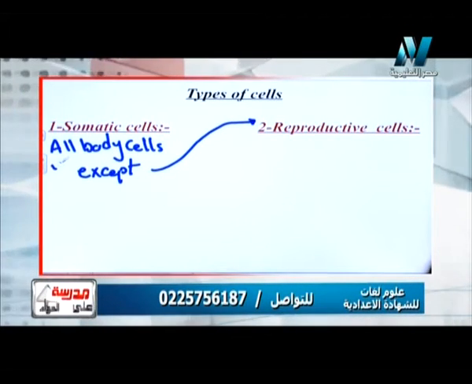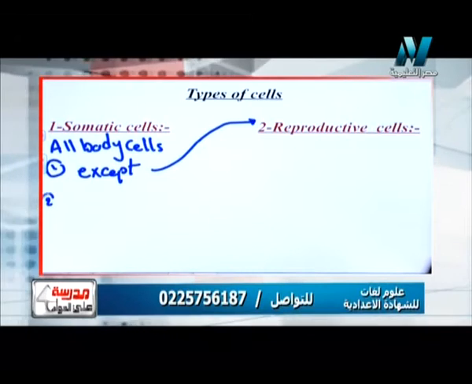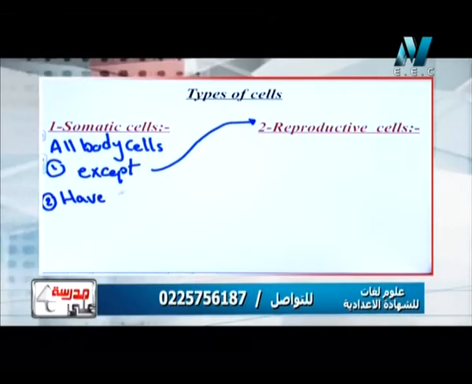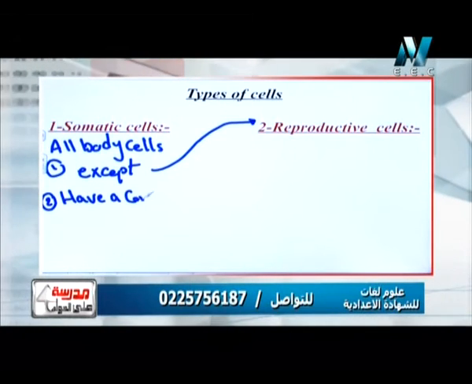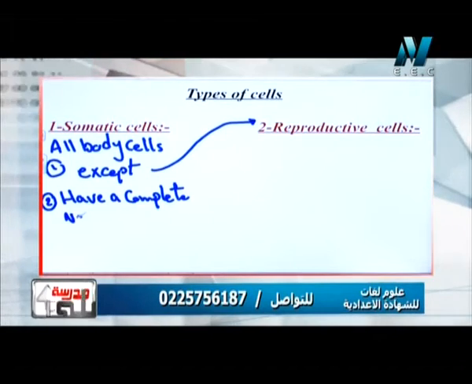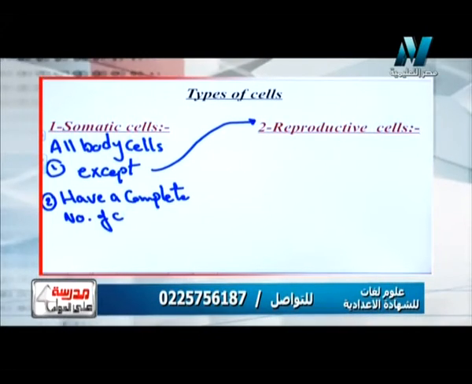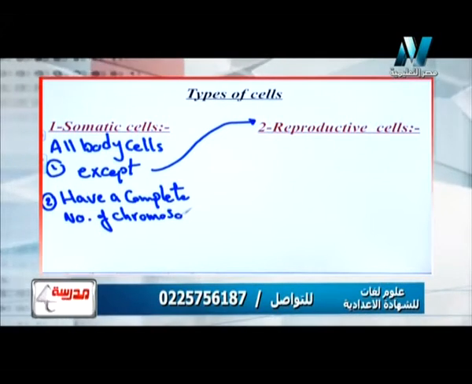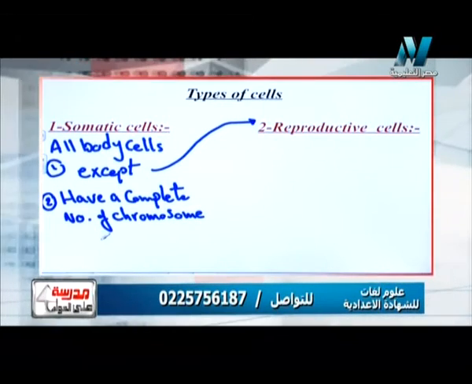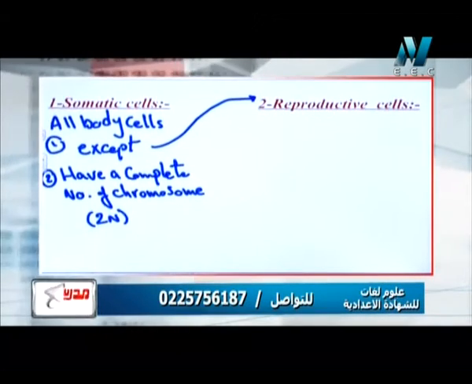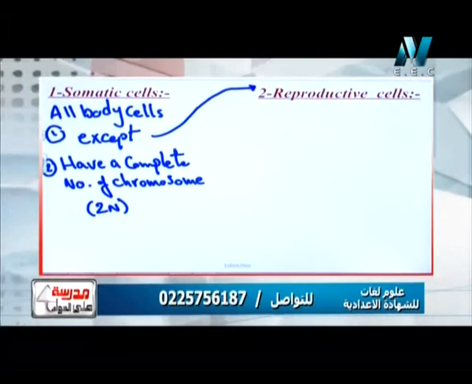Number two, they have a complete number of chromosomes, which means 2n. The symbol of the complete number of chromosomes is 2n.